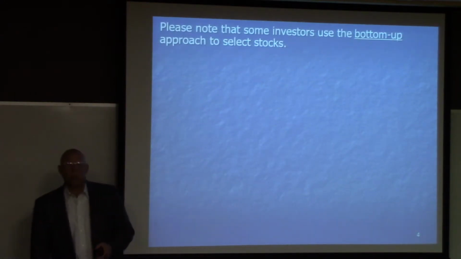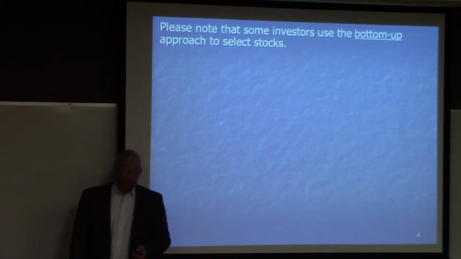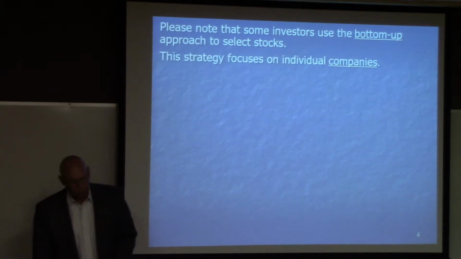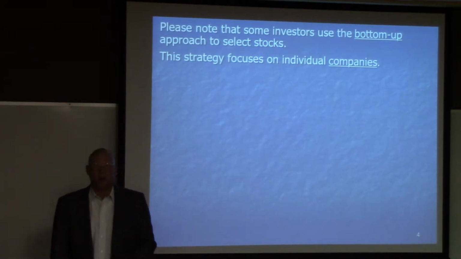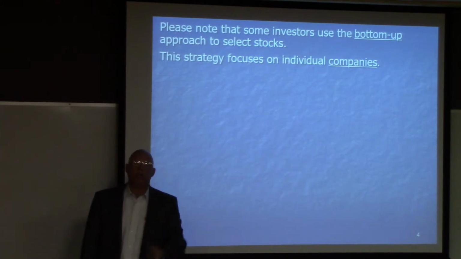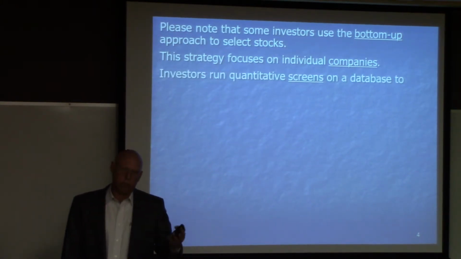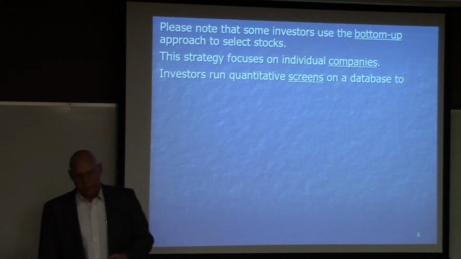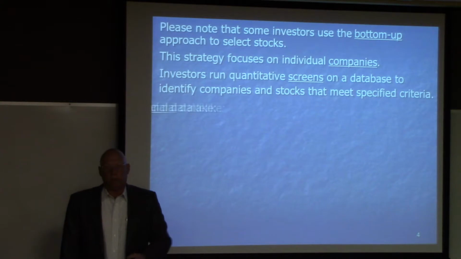All right, please note that some investors use the bottom-up approach to select stocks as opposed to the top-down method. This strategy focuses on individual companies. So instead of starting with the economy, you start looking at individual companies. Investors will run quantitative screens on a database to identify companies and stocks that meet specified criteria.